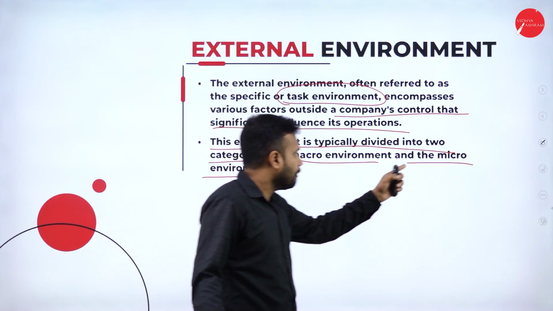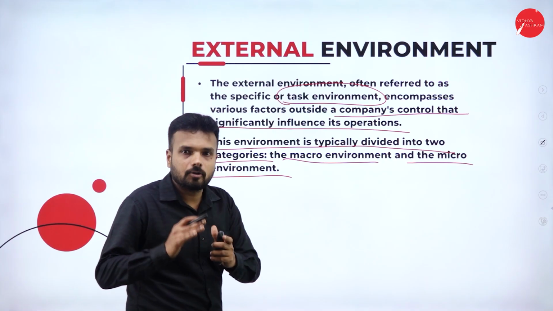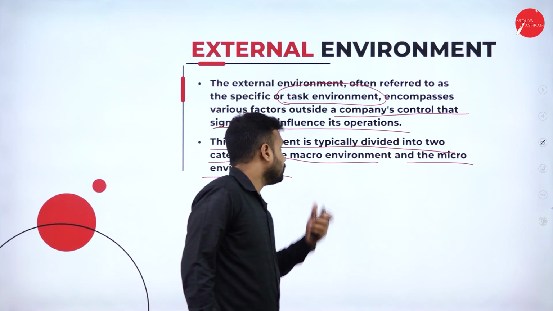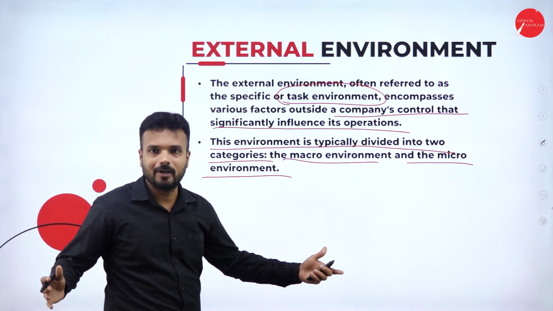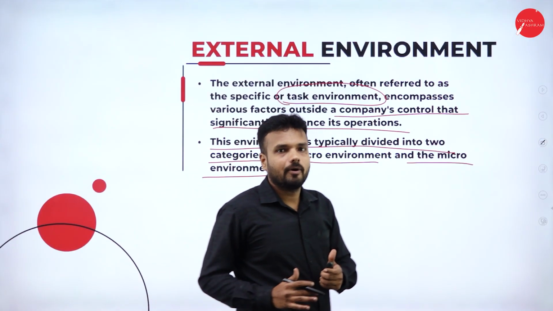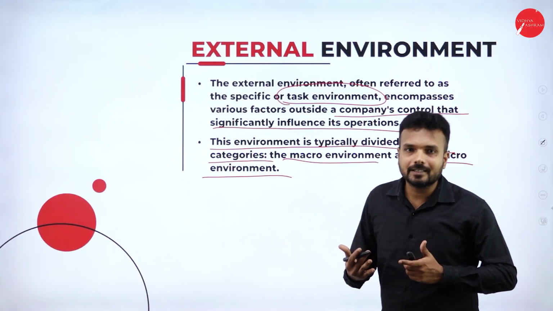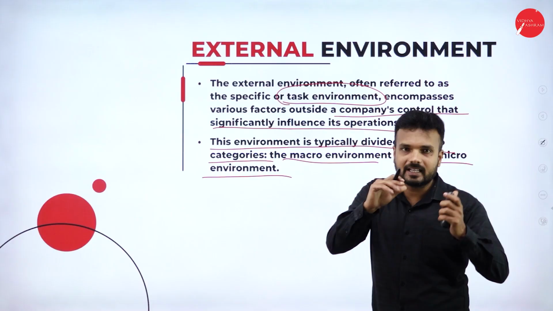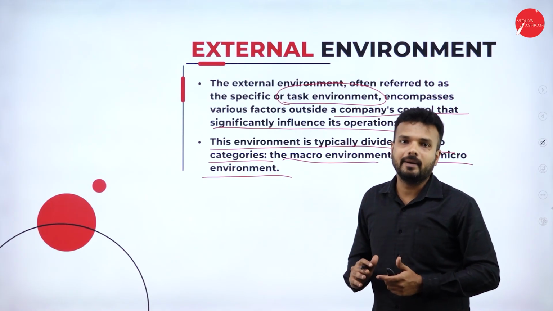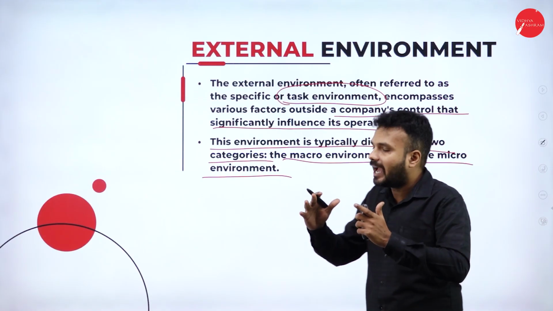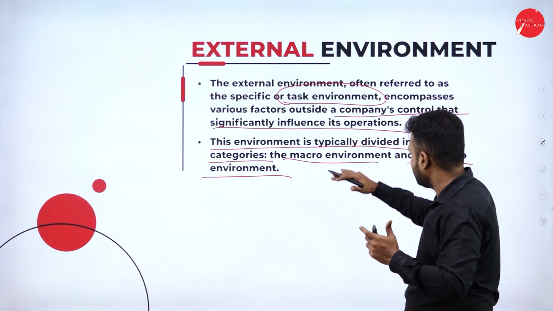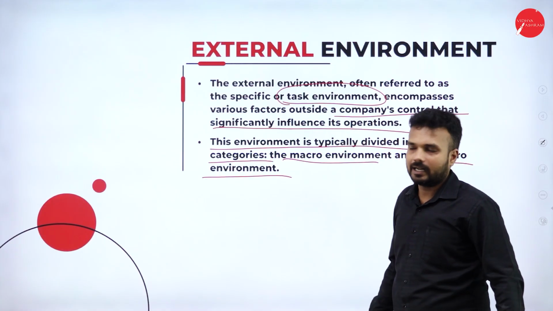As I explained, micro environment can be controlled up to some extent. Macro environment we cannot control. So further we are going to see which are all the factors present in the internal environment and external environment, and in the same way which are all the factors influencing the micro and macro environment. Done.